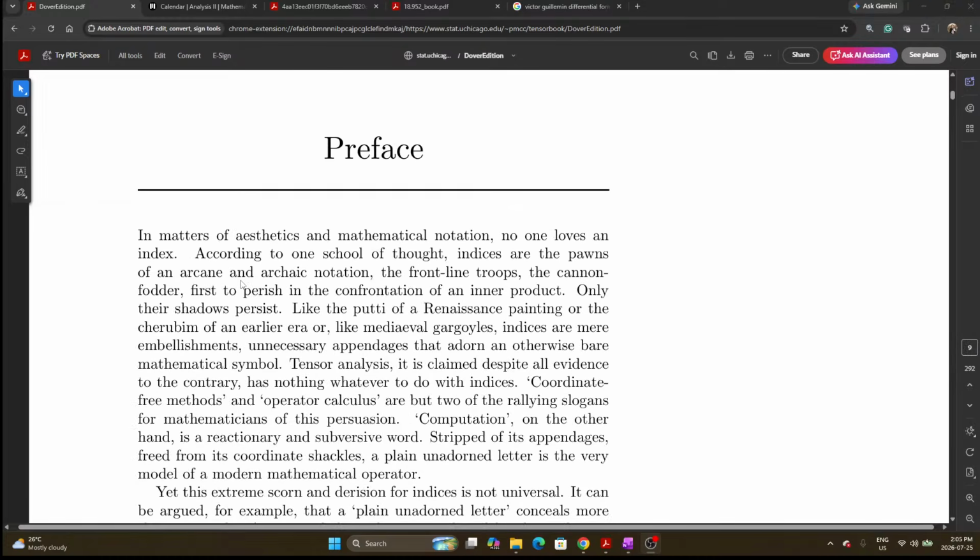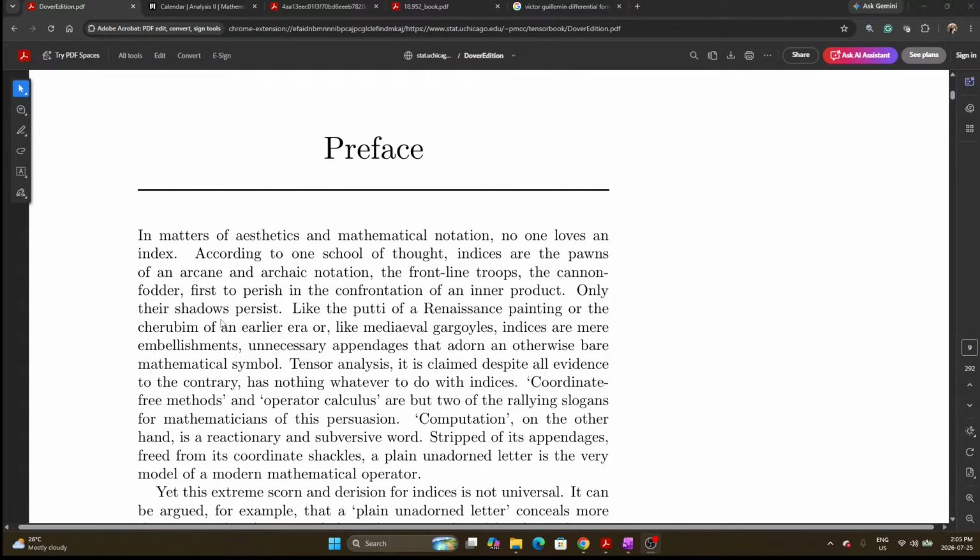We're going to read the starting paragraphs of the preface. In matters of aesthetics and mathematical notation, no one loves an index. According to one school of thought, indices are the pawns of an arcane and archaic notation. The frontline troops, the cannon fodder, first to perish in the confrontation of an inner product.